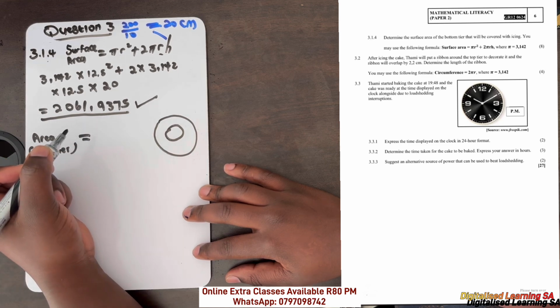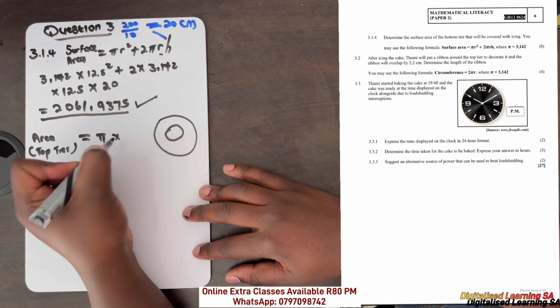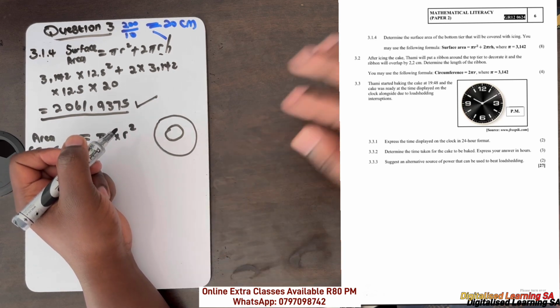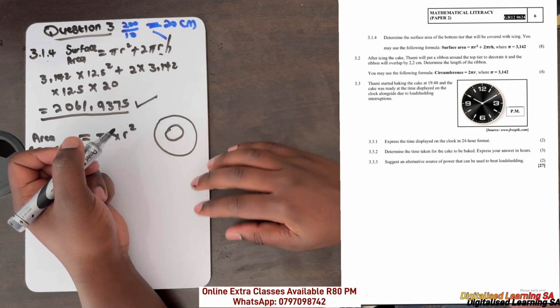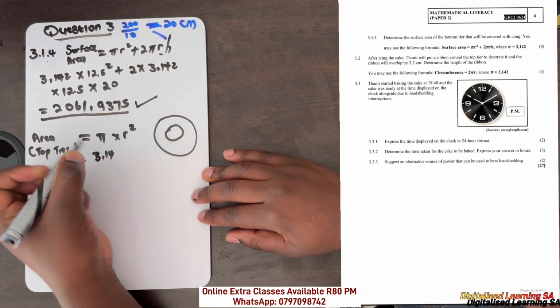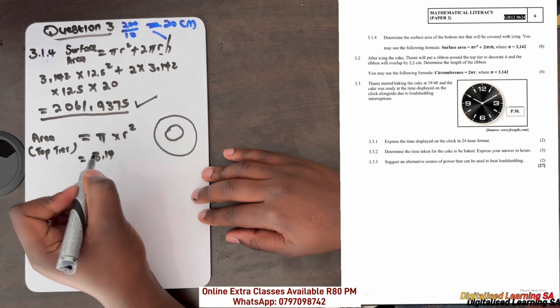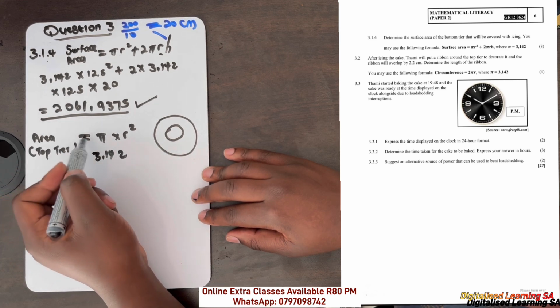How do we do that? The area of our top tier would be pi multiplied by r squared, where r is our radius. You need to know this area formula. We'll use 3.142 because it was not given.